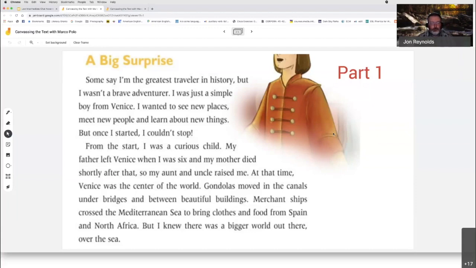Merchant ships crossed the Mediterranean Sea to bring clothes and food from Spain and North Africa. But I knew there was a bigger world out there over the sea.